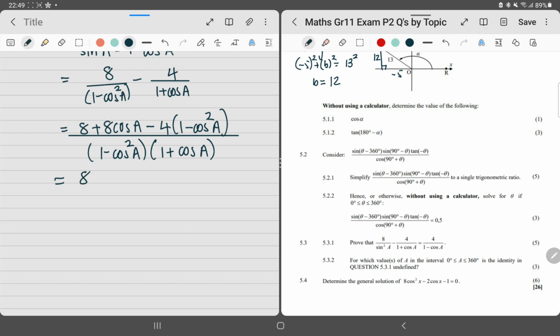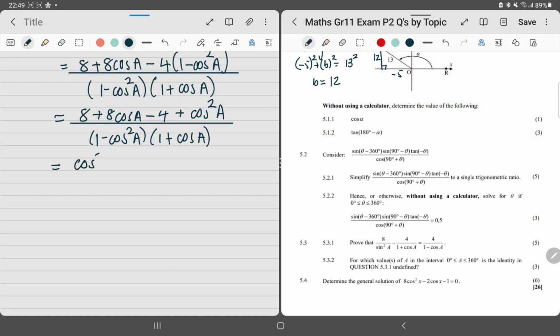So here I'm going to have 8 plus 8 cos of a minus 4, and then plus 4 cos squared of a, over 1 minus cos squared of a, 1 plus cos of a.